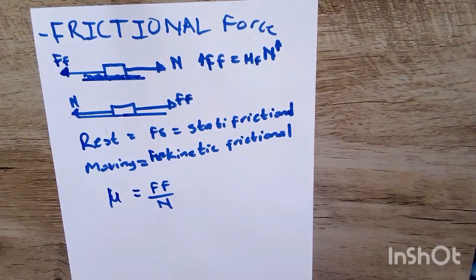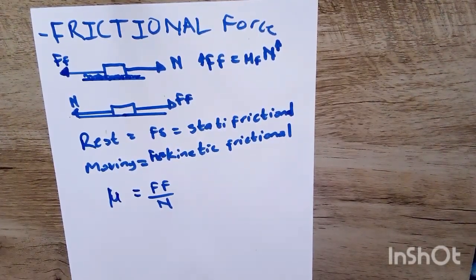The kinetic frictional force remains constant while the object moves at a constant speed. If the object is moving at a constant velocity, the kinetic frictional force is going to remain constant, and it will be smaller than the maximum static frictional force.